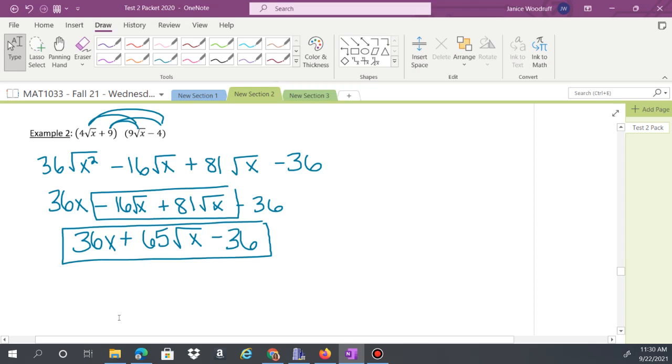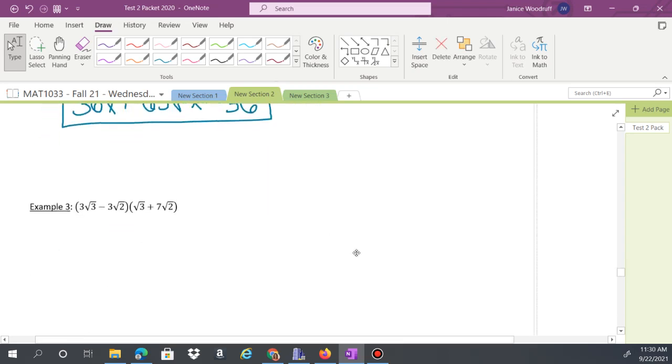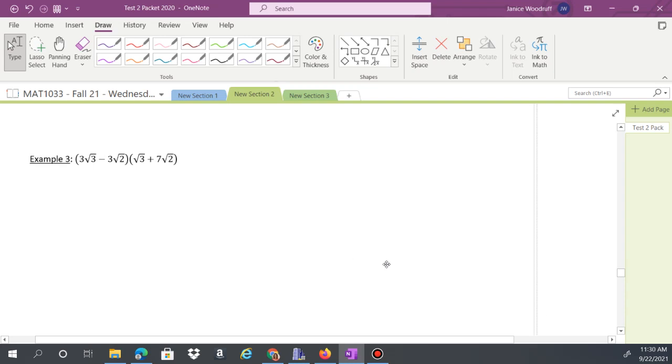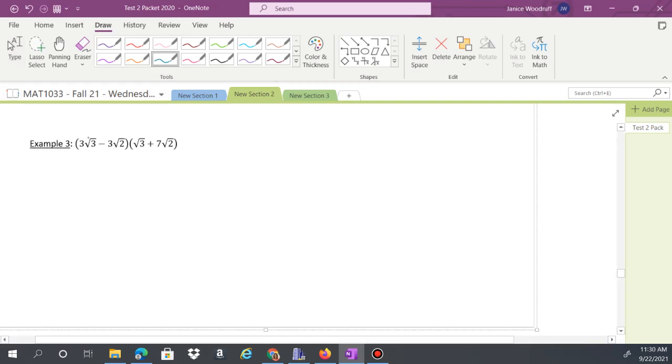All right, and one more example. Again, we're foiling. So let's see here. You've got a 3 on the outside, so the outside 3 will carry down. The inside 3s we're going to multiply, so that's going to be 3 times the square root of 9. Okay, then here on the outside, 3 times 7 is going to be 21.